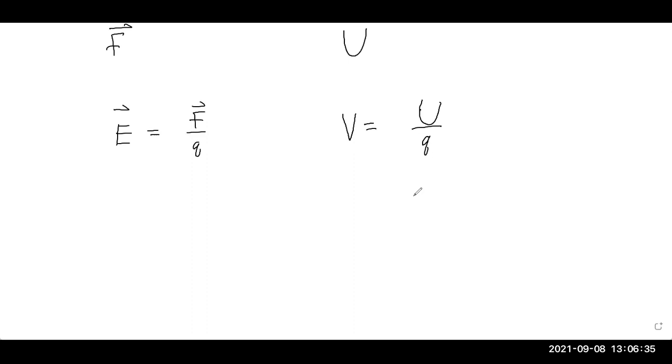So electrical potential gets a capital V, and it is measured in the volt. Voltage is a very similar idea to electrical potential, extraordinarily similar, so that they're sometimes used interchangeably, but they're not quite the same.